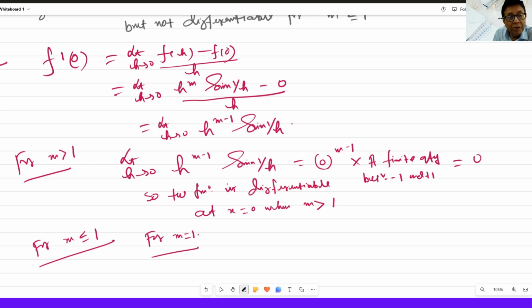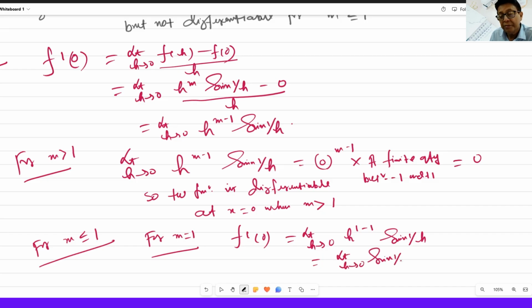For m equal to 1, f dash 0 is going to be limit of h to the power 1 minus 1, isn't it? h to the power 0, sine 1 by h. So this part is just sine.